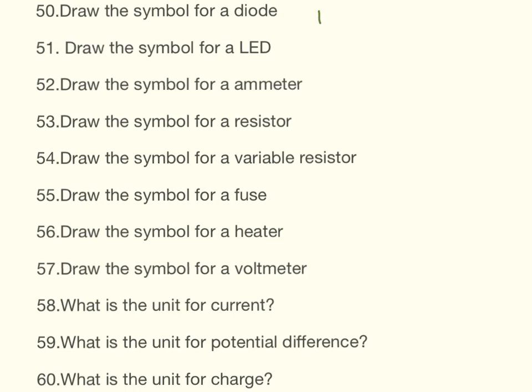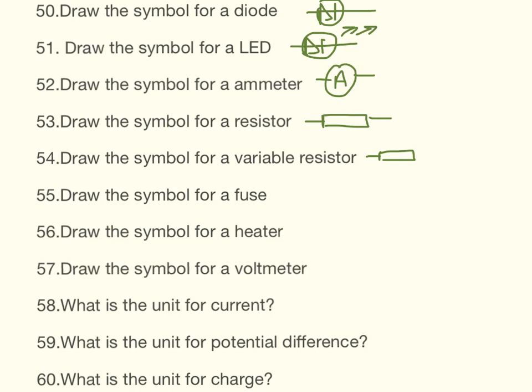So a diode, an LED, this is just a type of diode, an ammeter, a resistor, a variable resistor, a fuse, a heater, a voltmeter.